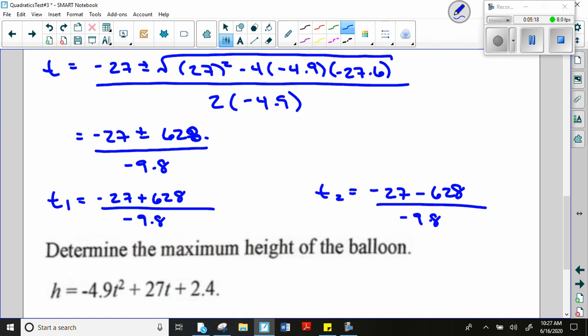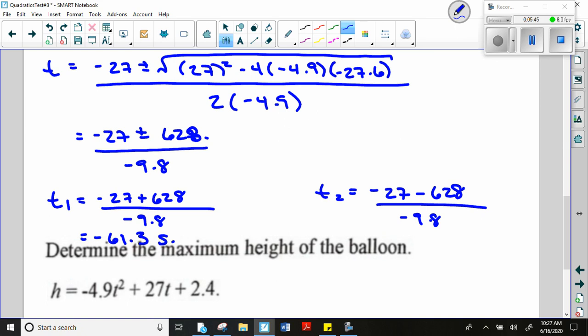These are going to be gross numbers. 628 divided by negative 9.8, I get negative 61.3. Please check my math. This would be seconds. That doesn't make sense. That doesn't make sense, Megan.